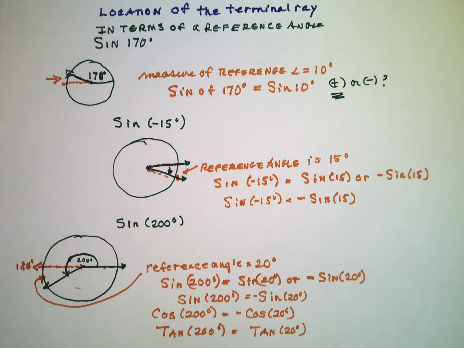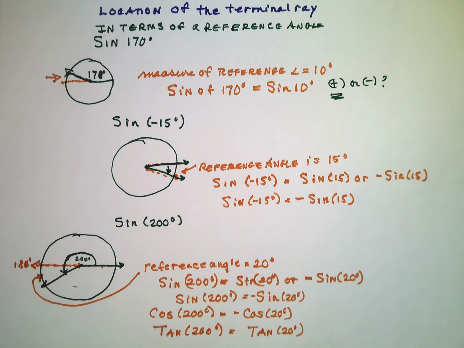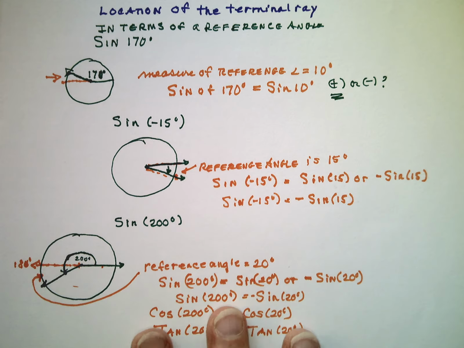I have to be honest. Once calculators became so widely accessible, reference angles for angles like this fell out of favor. I mean, these were wonderful when what you had was just a list of tables.